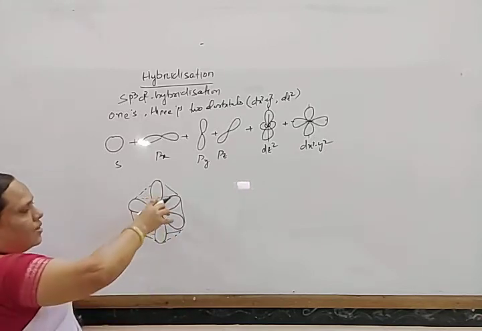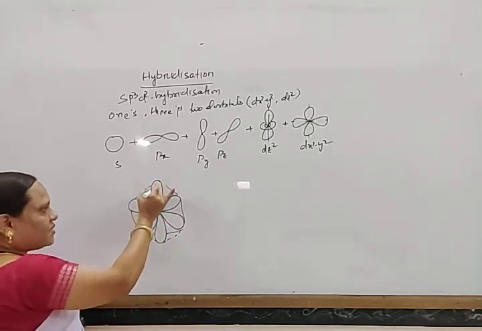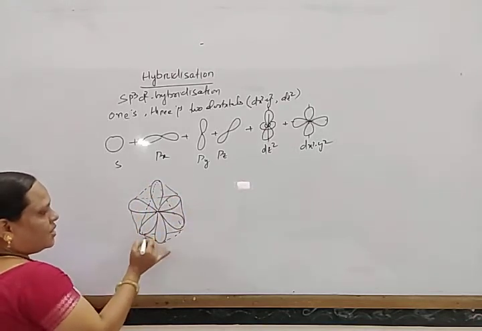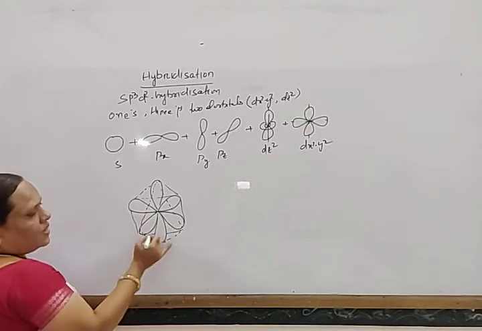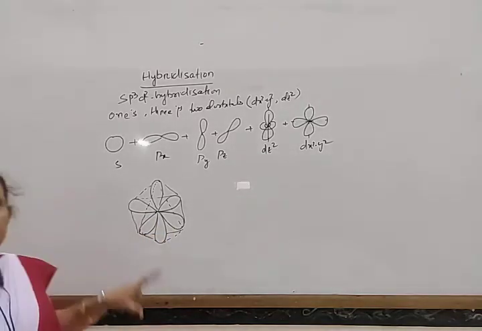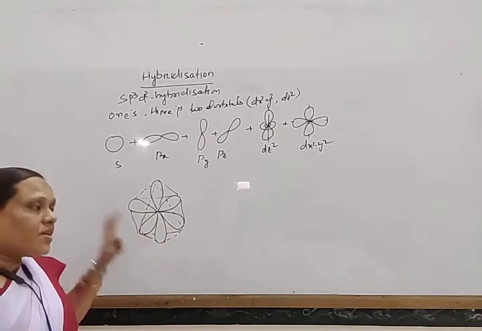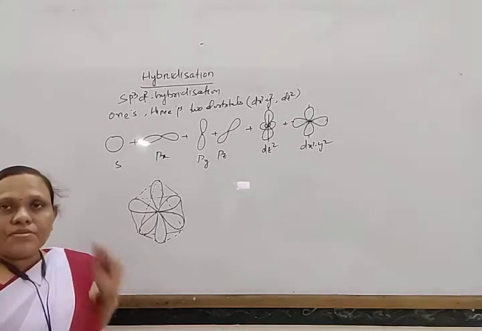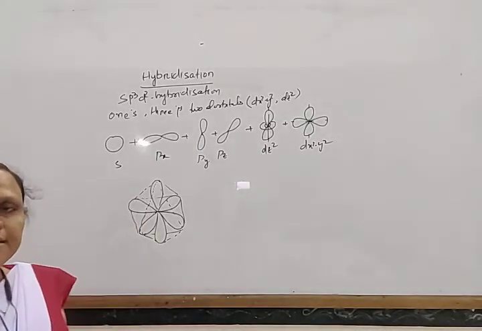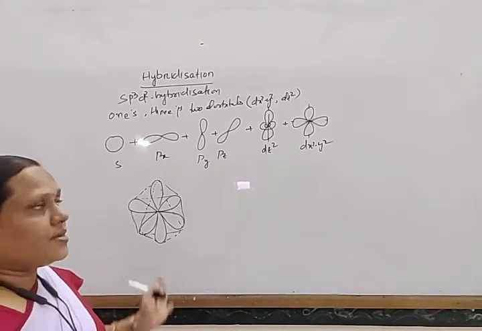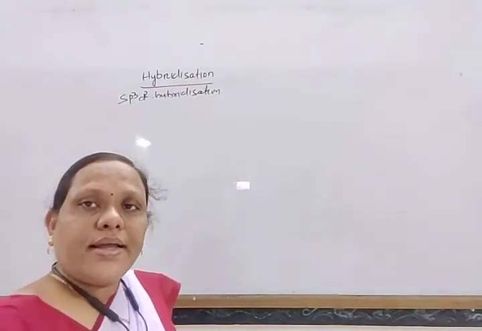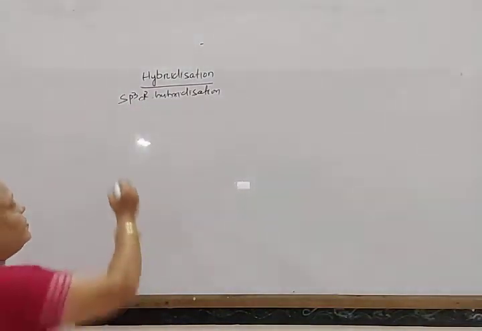So here one square pyramid structure above, and below it also one square pyramid structure. This shape is called the octahedral shape. So just note down these points. Then here we are going to discuss some examples. Example, formation of SF6.